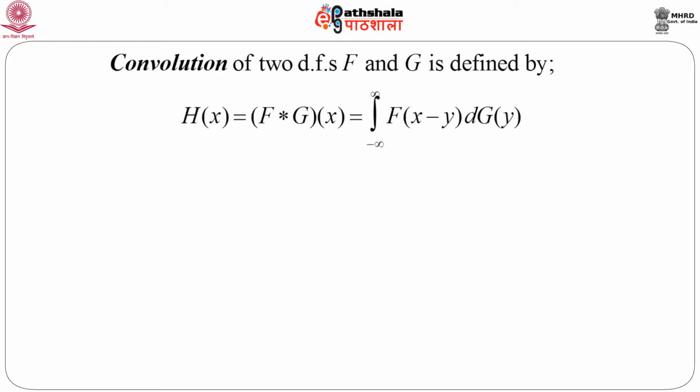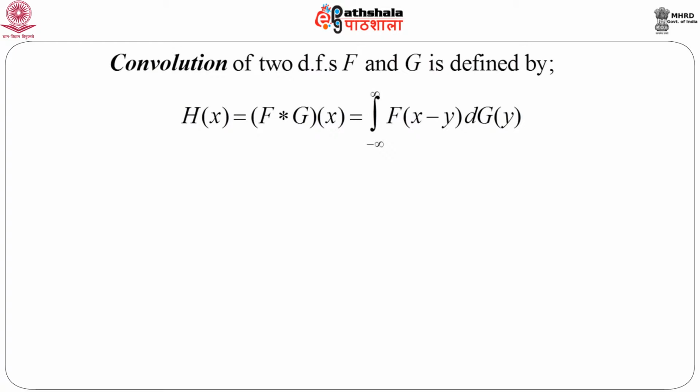The convolution of two distribution functions F and G is defined as another function H(x), denoted as F star G of x, and is given by the integral from minus infinity to infinity of F(x minus y) dG(y). This is similar to the Riemann-Stieltjes integral of F with respect to dG, or an extension of that.